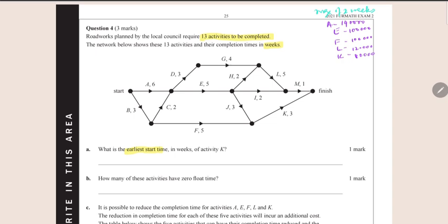The earliest completion time comes from the forward scan. In doing a forward scan, where multiple edges meet at a vertex, there are choices to be made as you go forward. For example, this edge and this edge come to this vertex, and these two here and those two there.